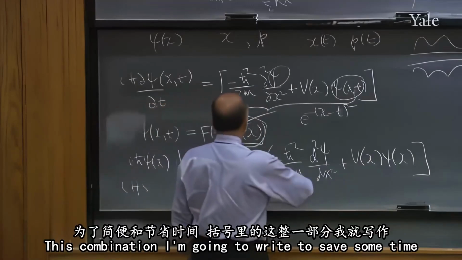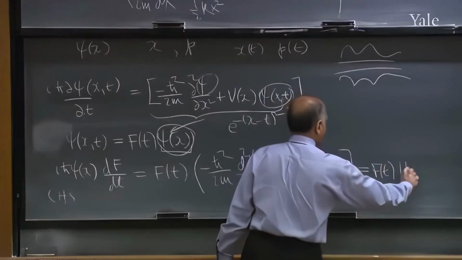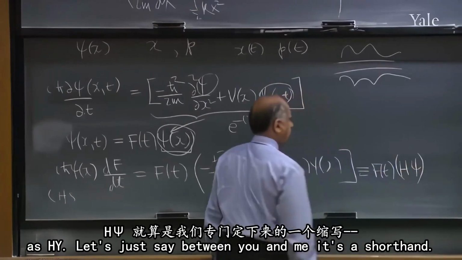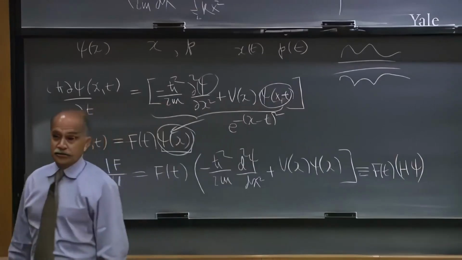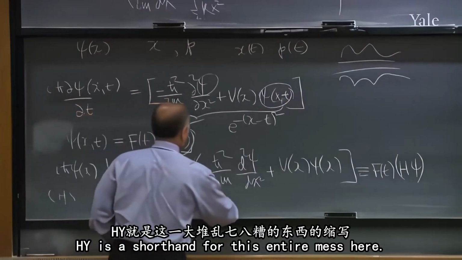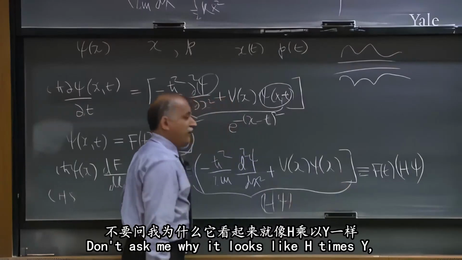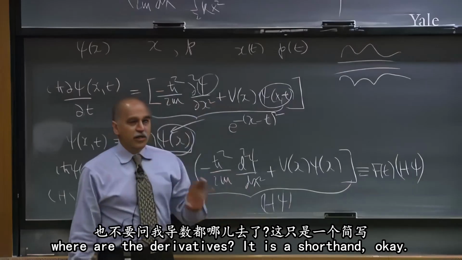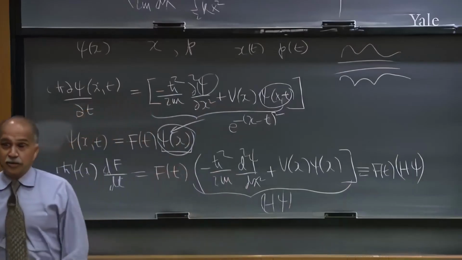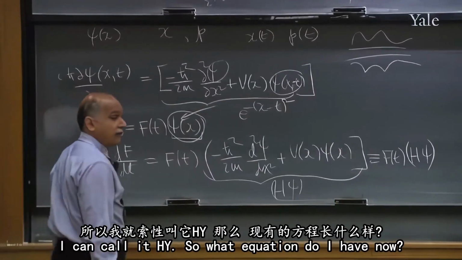This combination, I'm going to write, to save some time, as h psi. Let's just say between you and me it's a shorthand. H psi is a shorthand for this entire mess here. Don't ask me why it looks like h times psi, where are the derivatives. It is a shorthand. Okay? If I don't feel like writing the combination over and over, I can call it h psi.